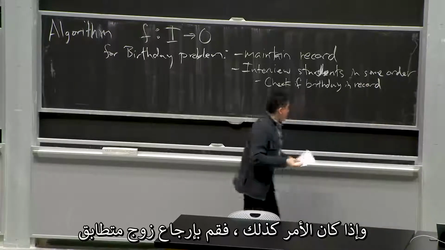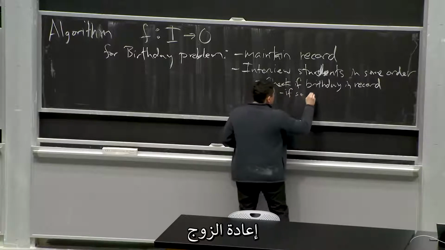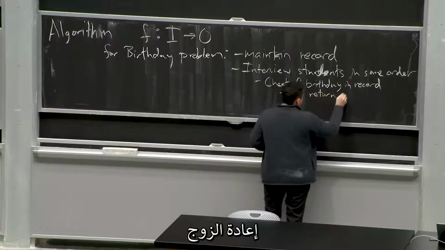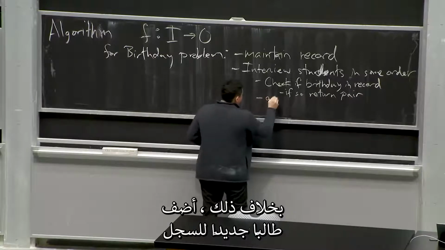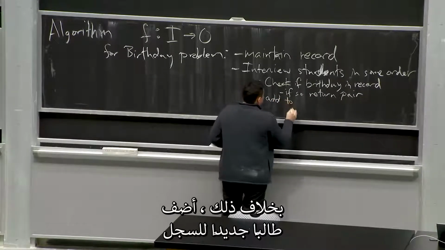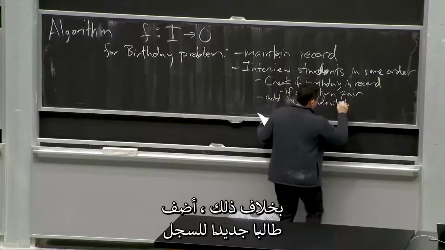And if it is, return a pair. Otherwise, add a new student to the record.